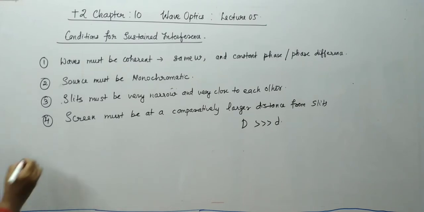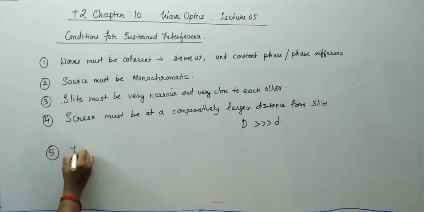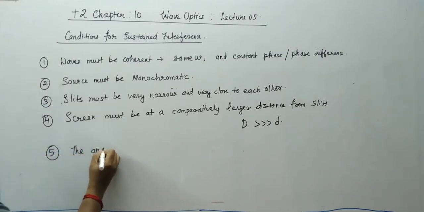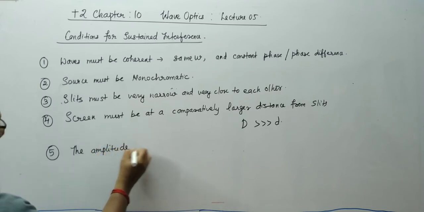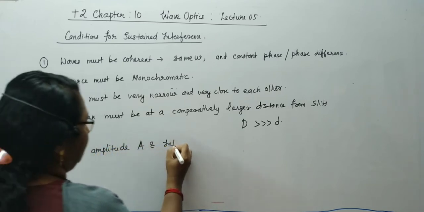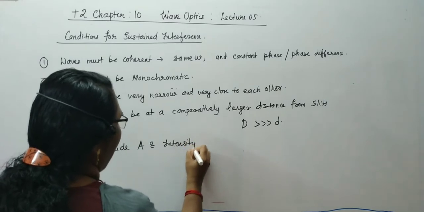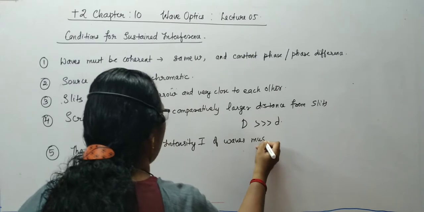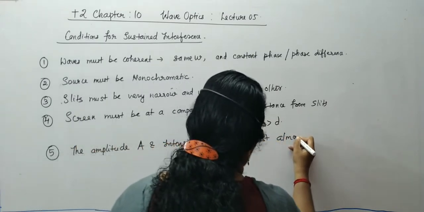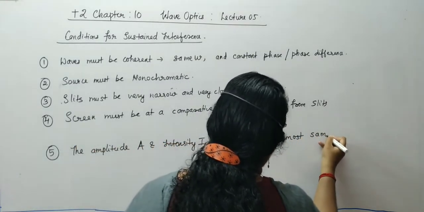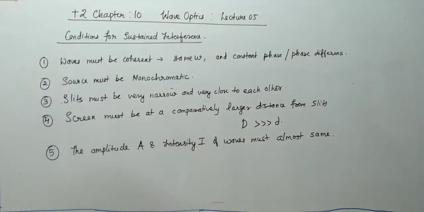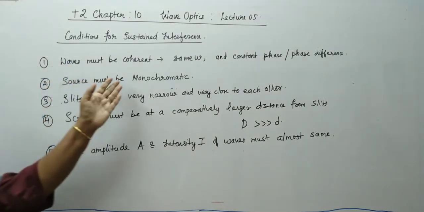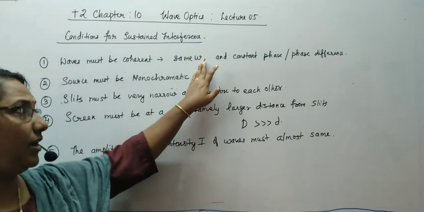And finally, the amplitude A and intensity I of the waves must be almost equal, almost the same.